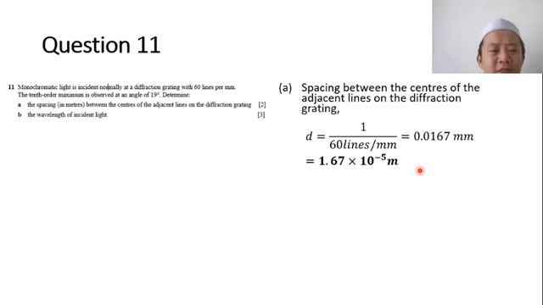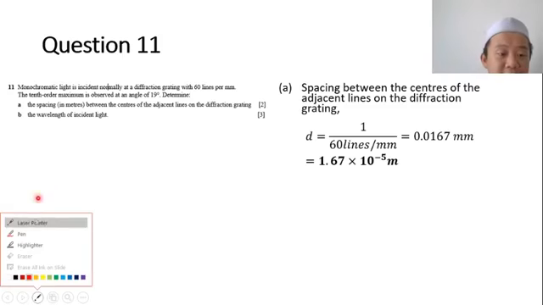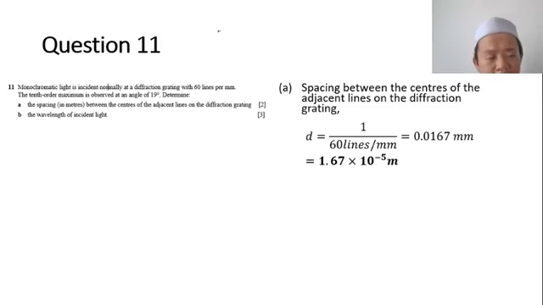You are given the diffraction grating 60 lines per millimeter. So kalau kita ada 1 millimeter, dalam diffraction grating tu ada berapa banyak line. That is the value. Kalau ingat balik tutorial hari tu, is the other way around, betul tak?